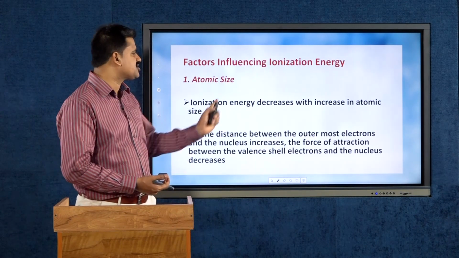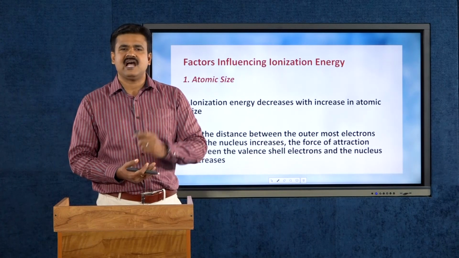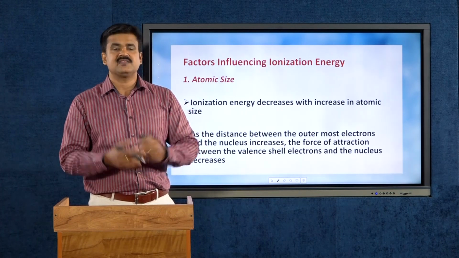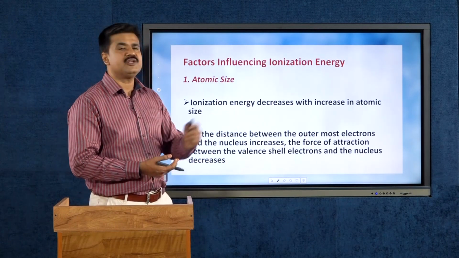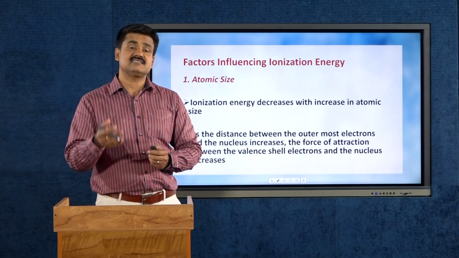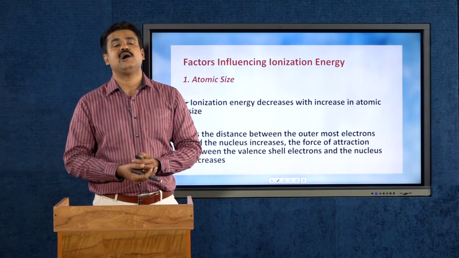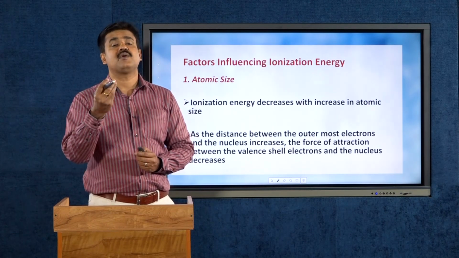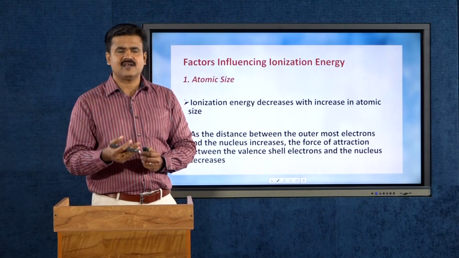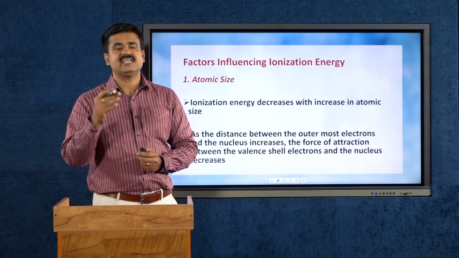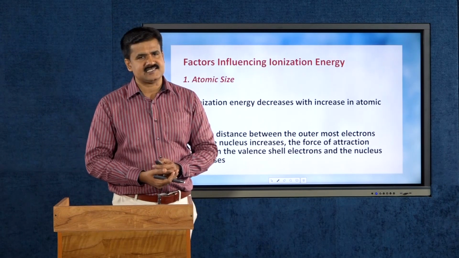As the distance between the outermost electron and the nucleus increases, the force of attraction between the valence electron and the nucleus decreases, such that you can easily remove the outermost electron by providing a small quantity of energy. It is clear that ionization enthalpy or ionization energy is inversely proportional to atomic size.